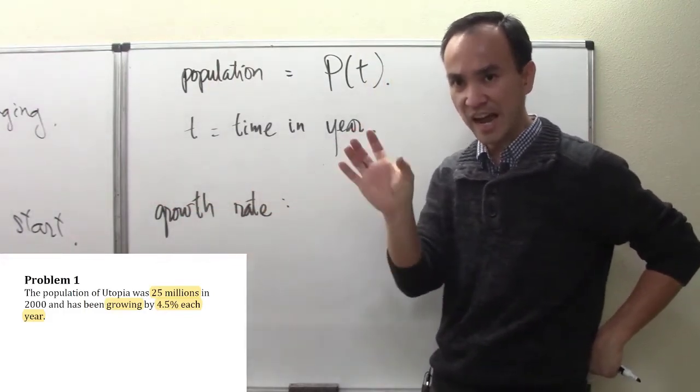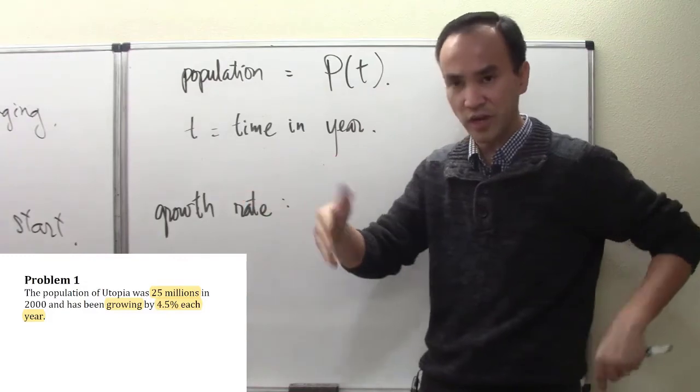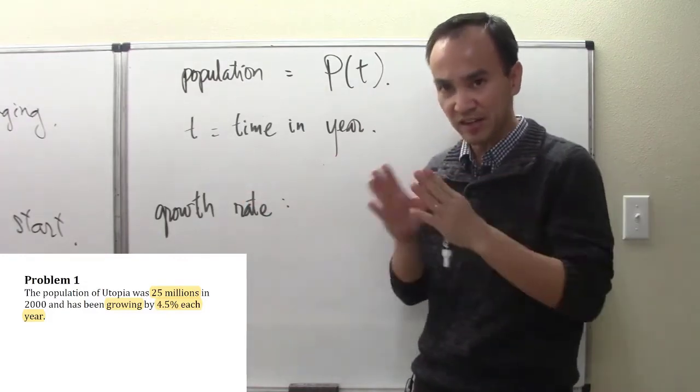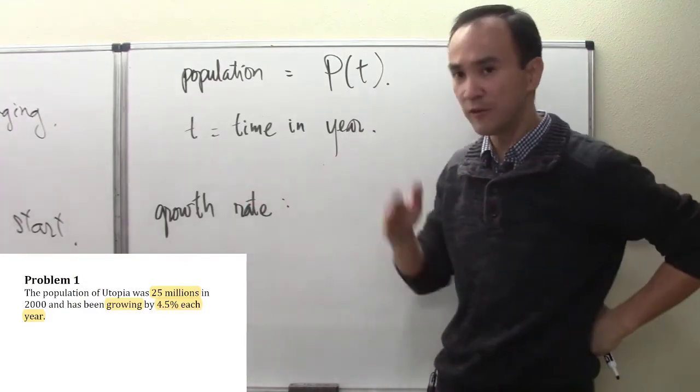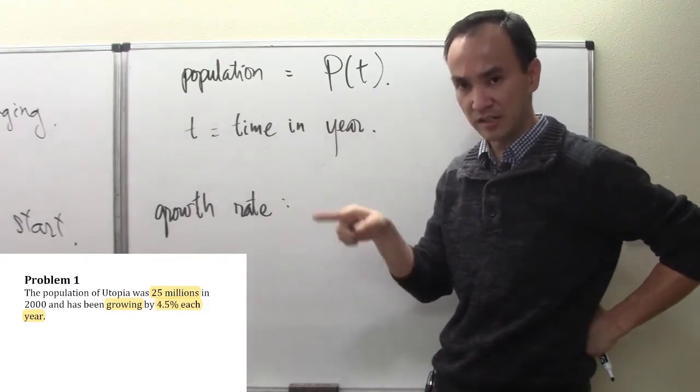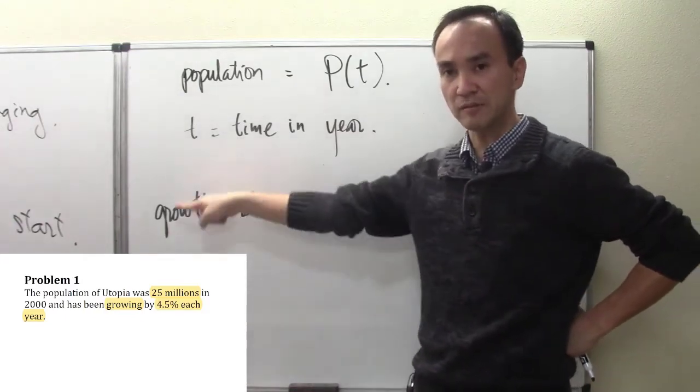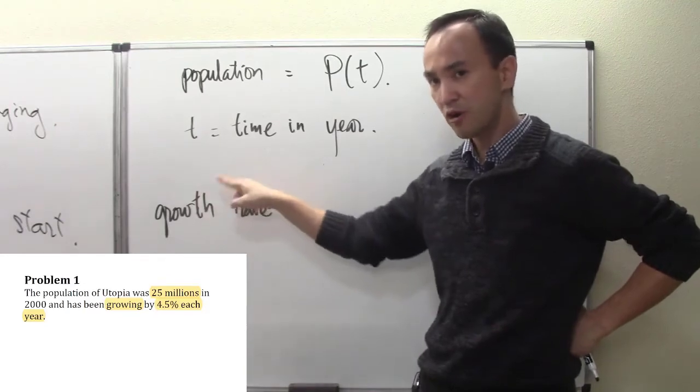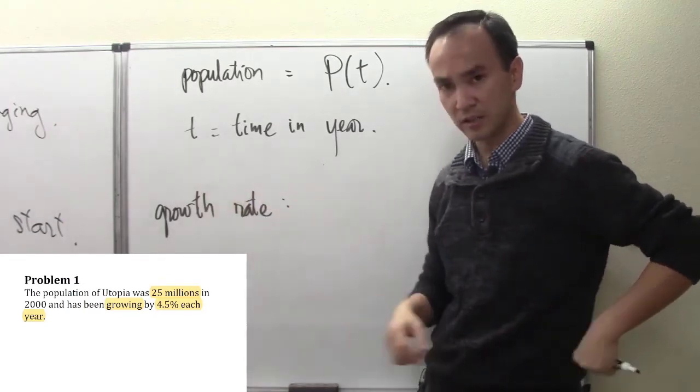It's indicating how fast a quantity is changing over time. And this rate right here specifically describes a growth process, and so that's why we call it a growth rate.